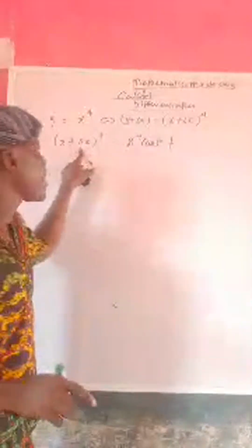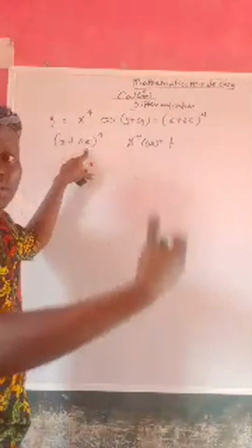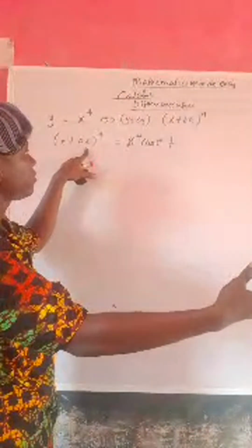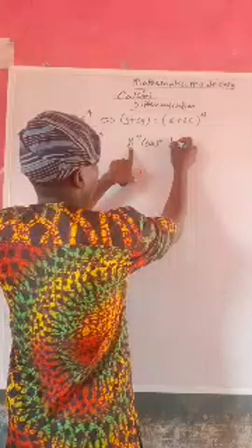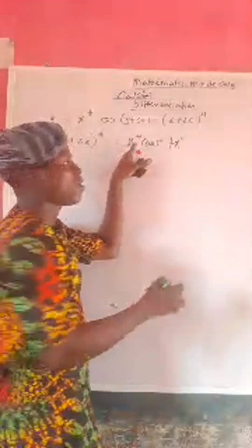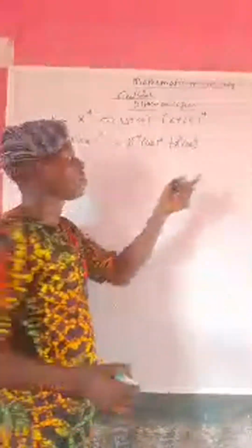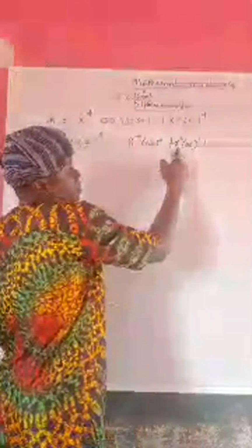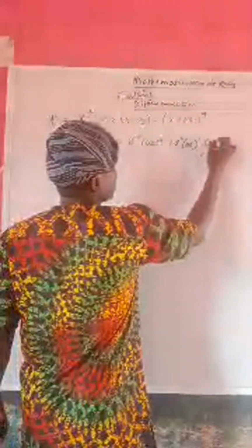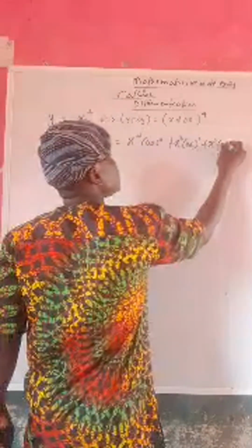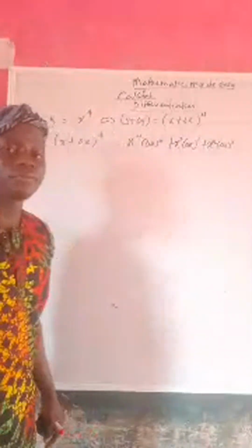Don't forget, your x will be decreasing, while your changing x will be what? Increasing. Okay? So this will now turn to x to the 3rd power, while your increase in x will return to what? Raised to the power of 1. Plus your x will reduce to what? X to the 2nd power. While your increase in x will increase to what? To the 2nd power.